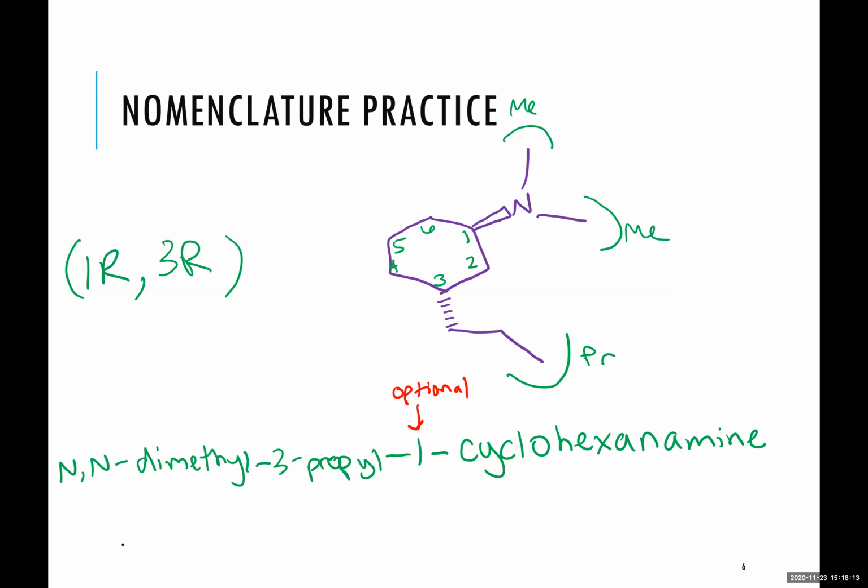Just RR? Not really. If you have more than one stereo center, you have to have the numbers in there. Gotcha. 1, 3R. So what's another way to talk about the stereochemistry with this ring without using R's and S's? Oh, cis or trans? Yeah, so is this cis or trans? Trans.